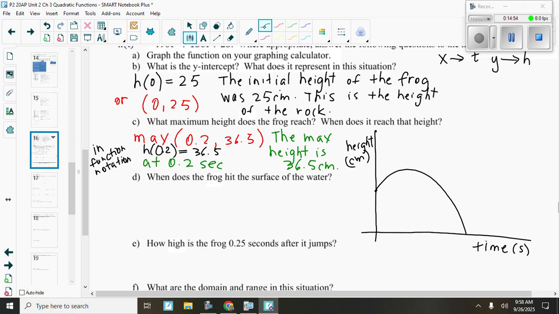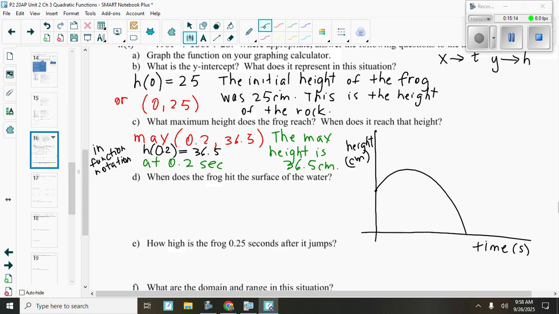So either the red or the black, you don't have to do both. If you like function notation, use function notation. If you're more comfortable with the coordinate pair, then use the coordinate pair. You don't have to see both, but I'll write them just so that you can see what we're doing there.